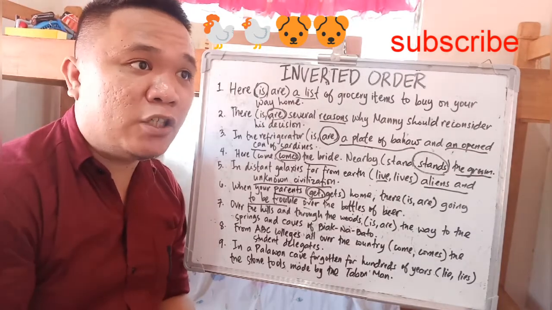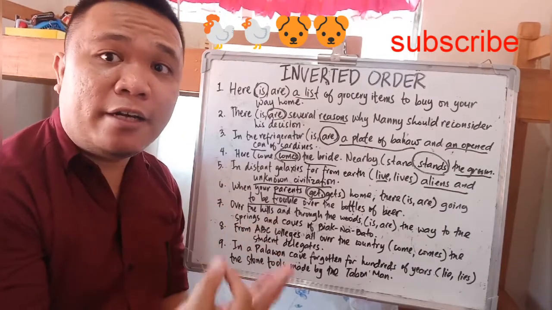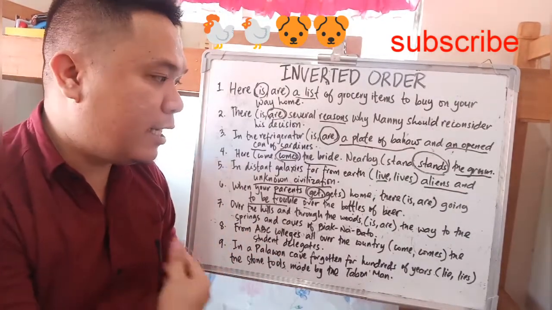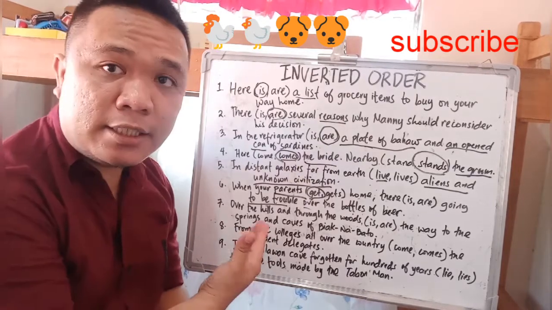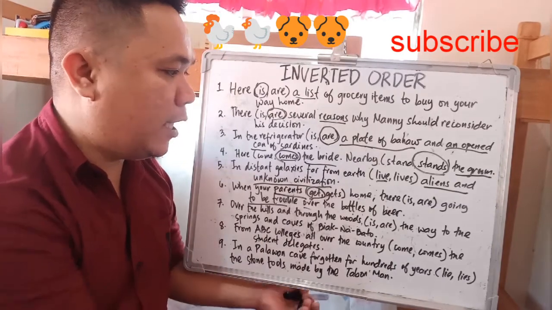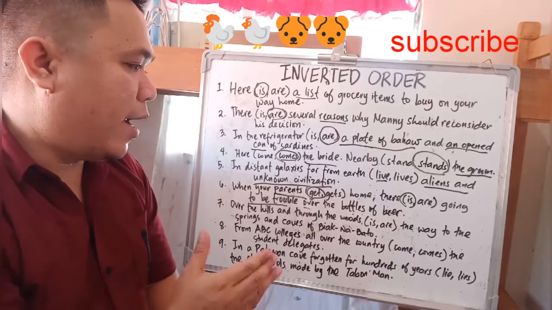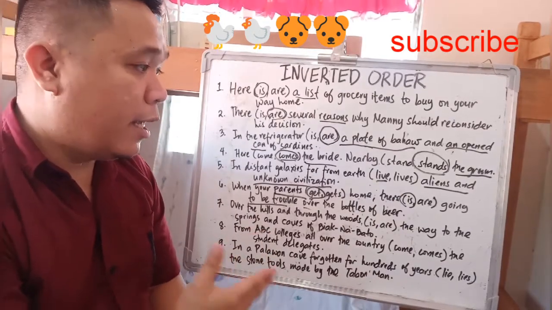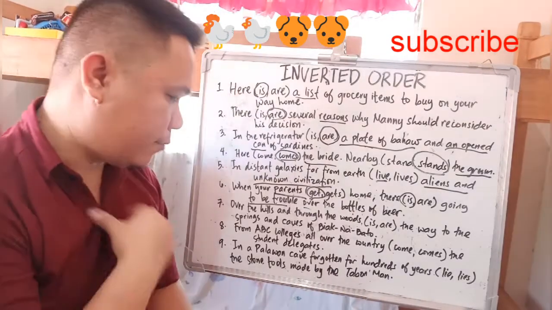Yes, and they can function as a noun, as an adjective, or as an adverb. But in this case, it becomes a noun here. So this is singular in form, so we need a singular verb, is. So when your parents get home, there is going to be trouble over the bottles of beer.